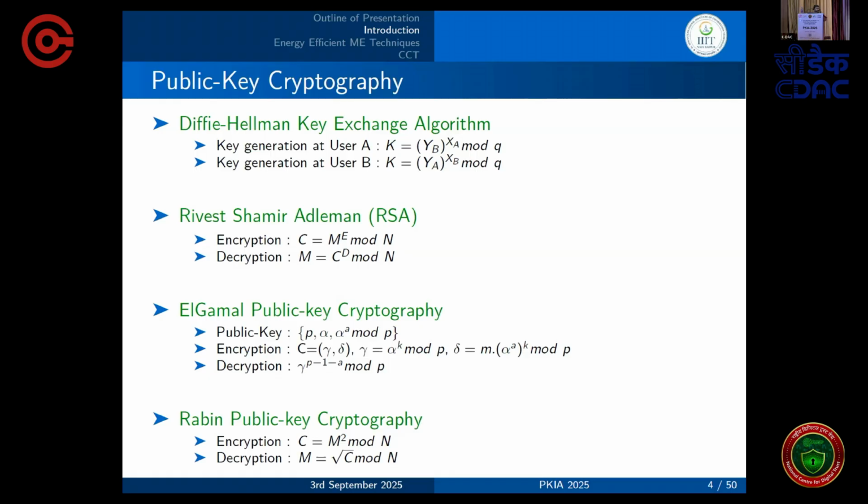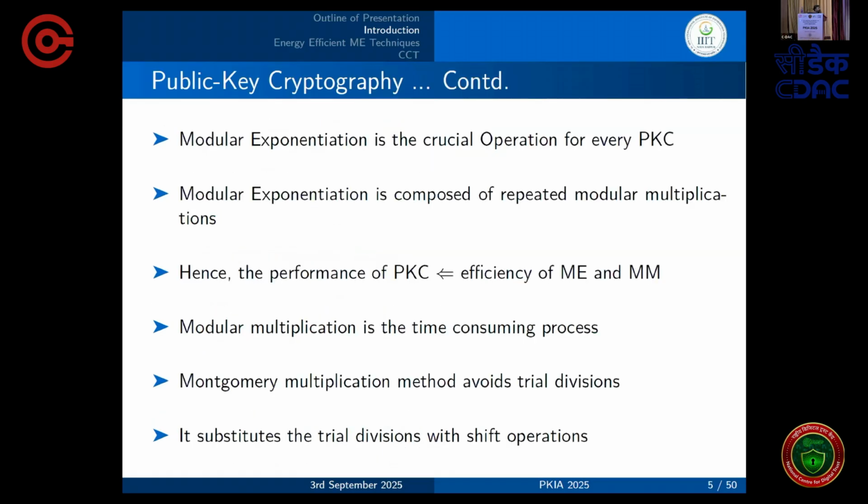So the efficiency of all public key cryptographic systems depends entirely on competent implementation of modular exponential techniques. As we know, modular exponentiation is the repeated operation of modular multiplication, and modular multiplication involves trial divisions. So it comes under the integer factorization problem. It is not easy to implement these trial divisions. It is completely different from general division.